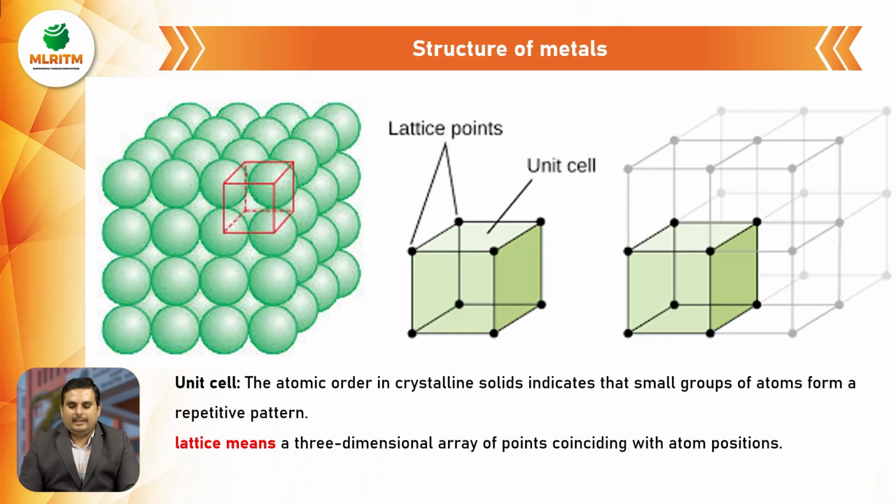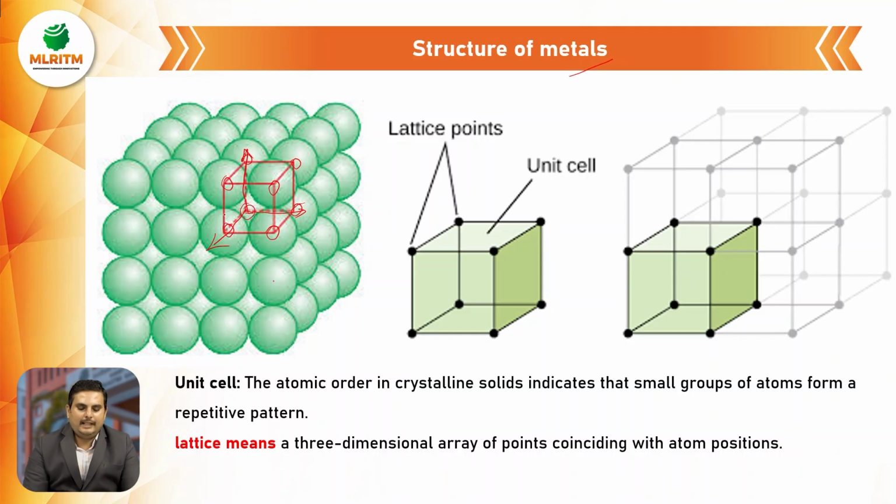Now look at a crystalline material and observe its structure. I have drawn a particular cuboid with x-axis, y-axis, as well as z-axis. There is one atom, a second atom, third, fourth, fifth, sixth, seventh, and eighth.